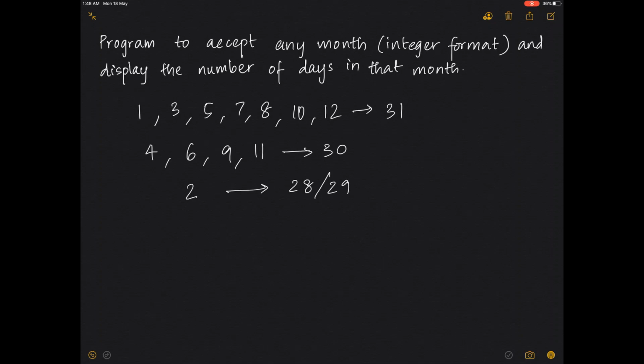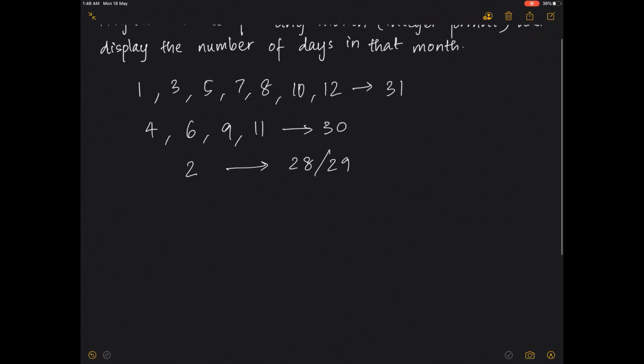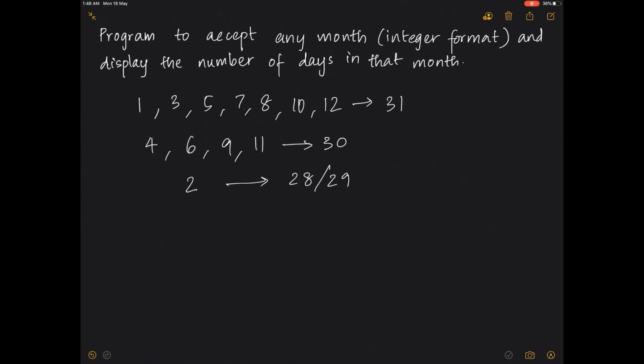So if you're going to use an else if ladder, yes, you will have 3 conditions: if, else if, and else. In an else if condition, you will have to continuously go on checking if it's equal to 1 or equal to 3 or equal to 5 or equal to 7, equal to 8.